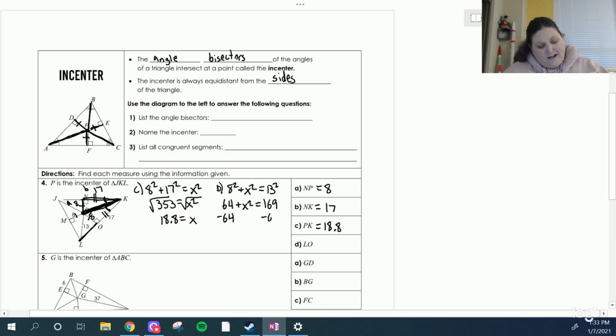I subtract 64 from both sides, and I get x squared equals 105. Then I take the square root of both sides, and I get x equals 10.2.